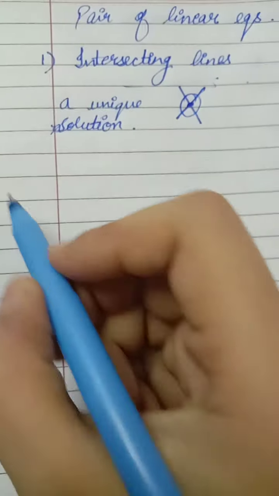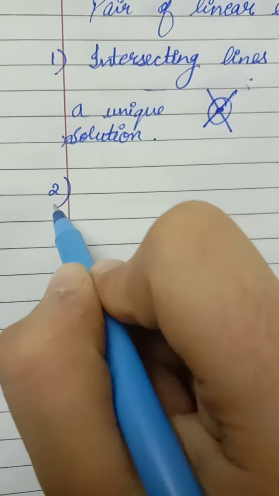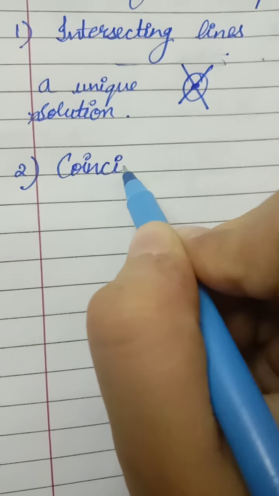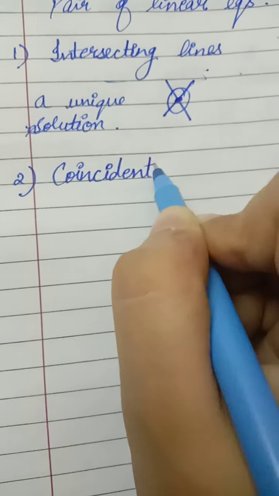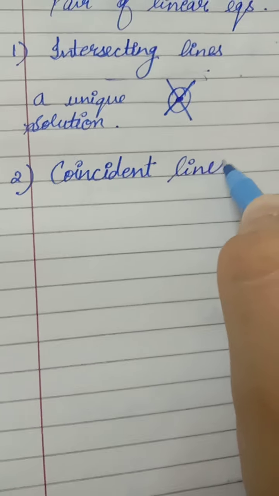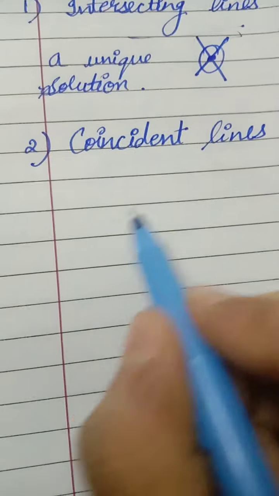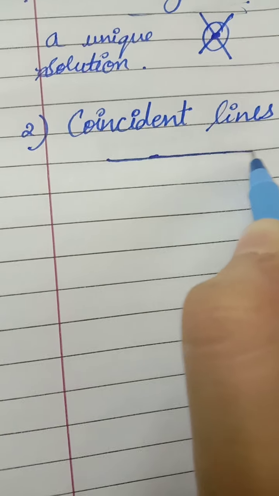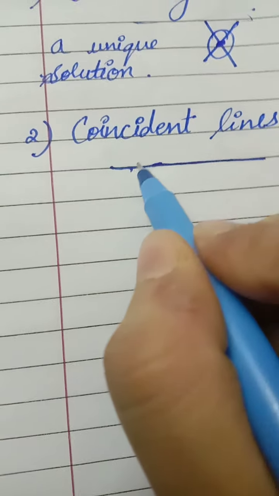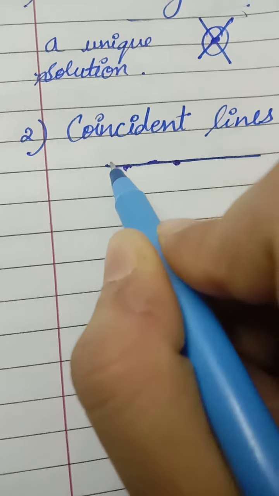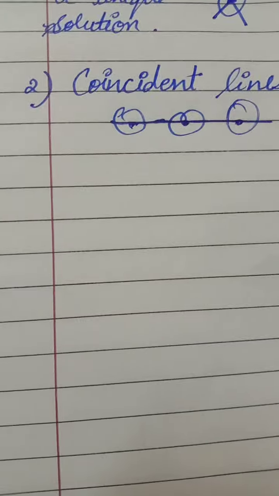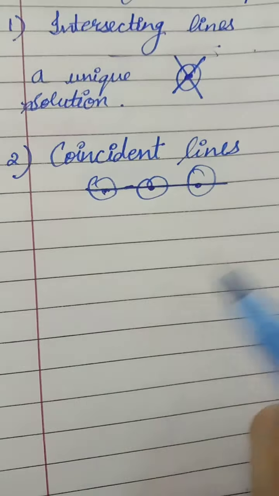Next we'll be having coinciding lines. Coincident or coinciding lines: in this, one line is placed on the other line. We have our two equations.